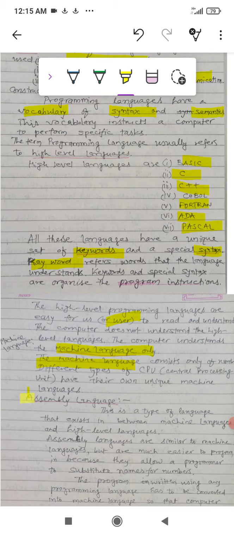And assembly languages are the mediator कह सकते हैं आप, that exists in between machine language and high level language.